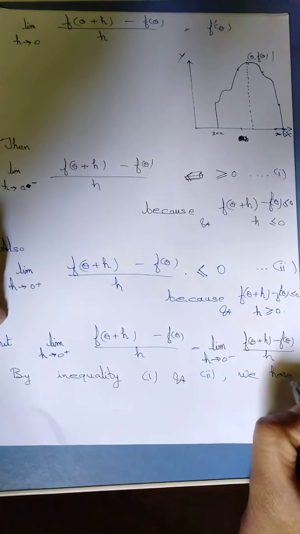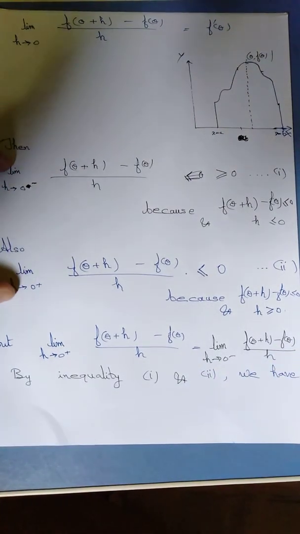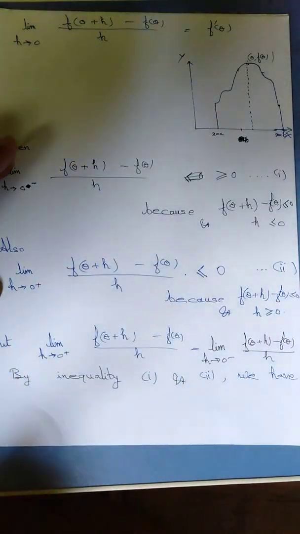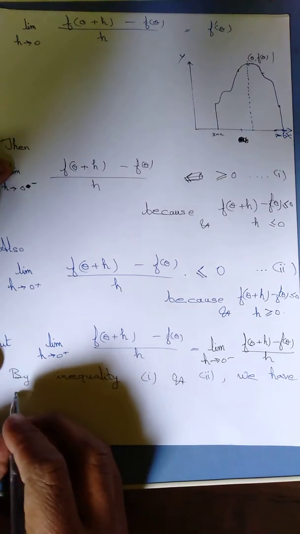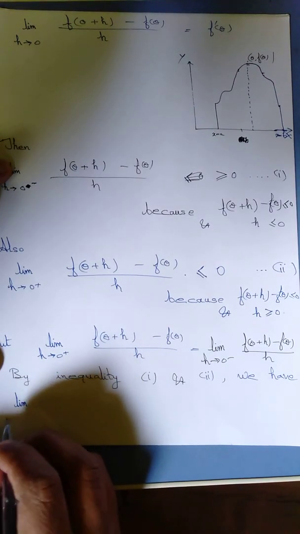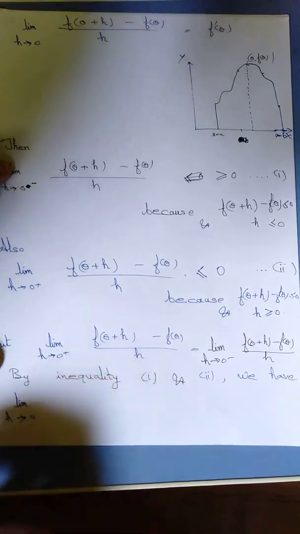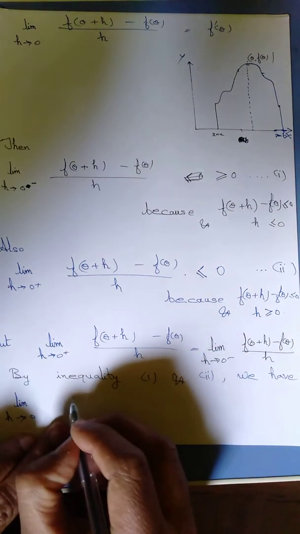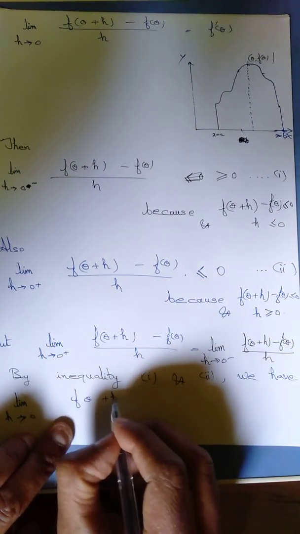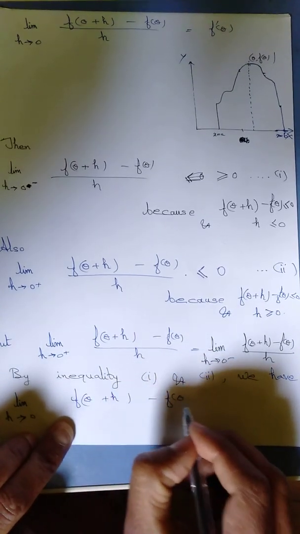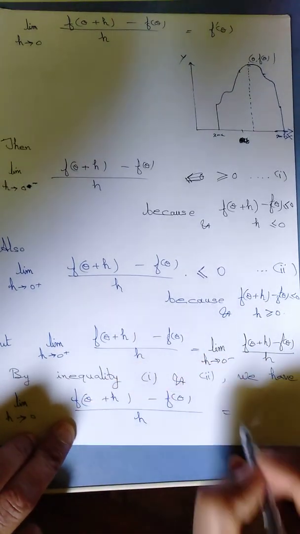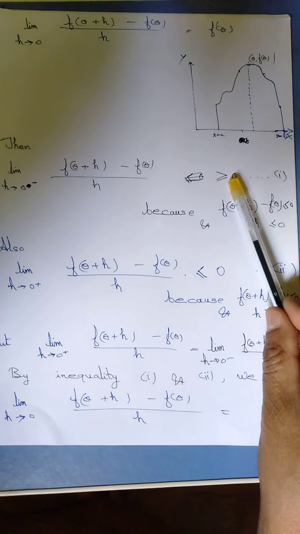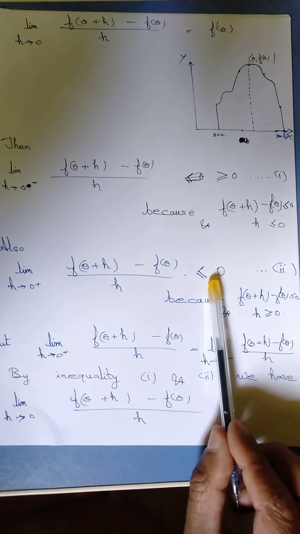what do you have? If we combine inequality 1 and 2 and the fact that those two have got to be equal, we have the limit as h tends to 0, where the left hand derivative and right hand derivative are equal, of (f of theta plus h minus f theta) by h is, well, either bigger than or equal to 0 or less than or equal to 0.